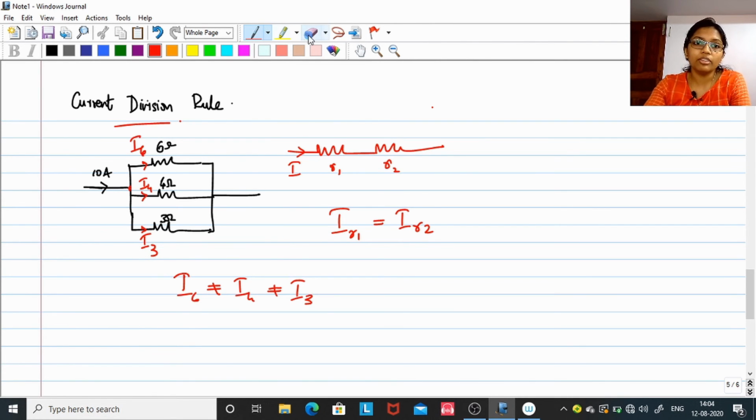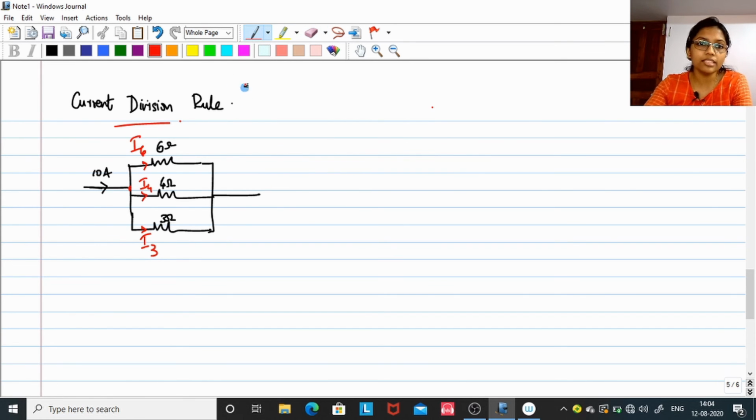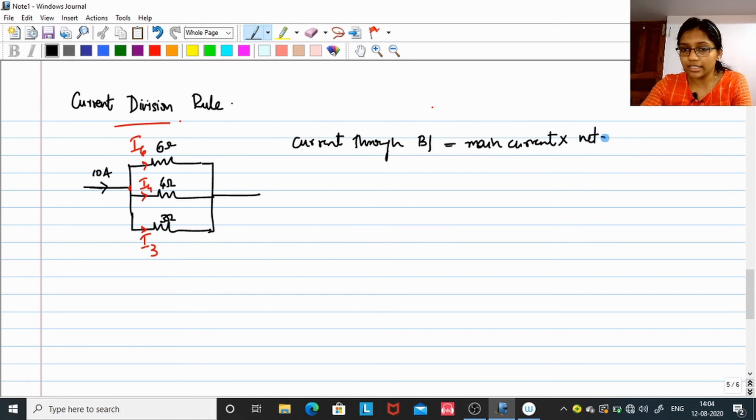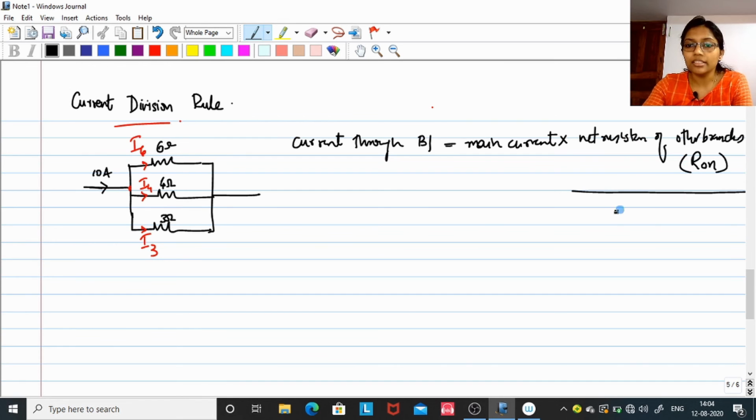I will give you the basic equation, or the general formula. Current through branch 1 is equal to the main current into the net resistance of the other branches, let me notate it as R_ON, divided by this R_ON plus the resistance in branch number 1.